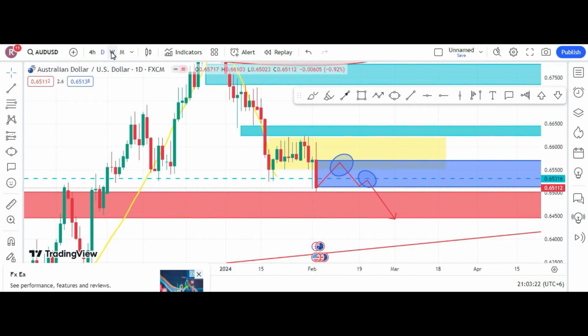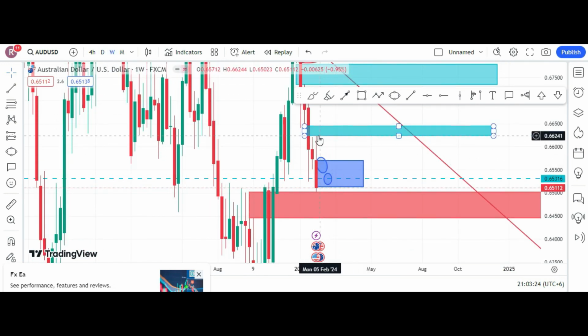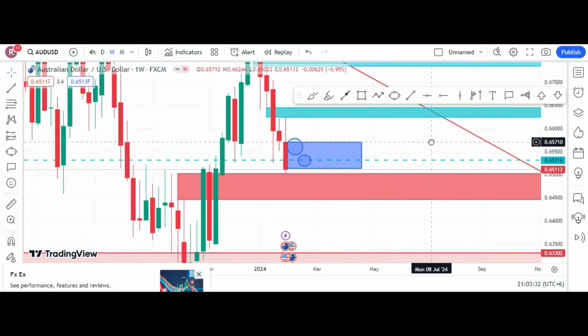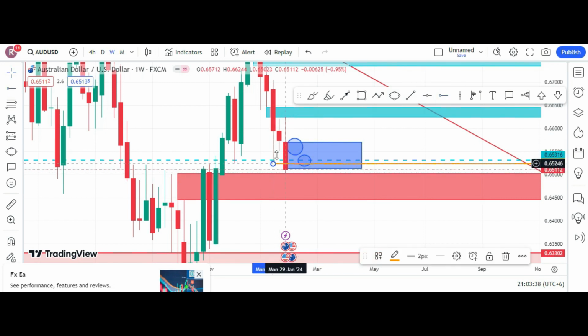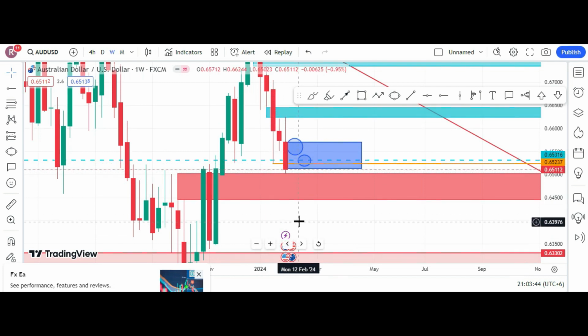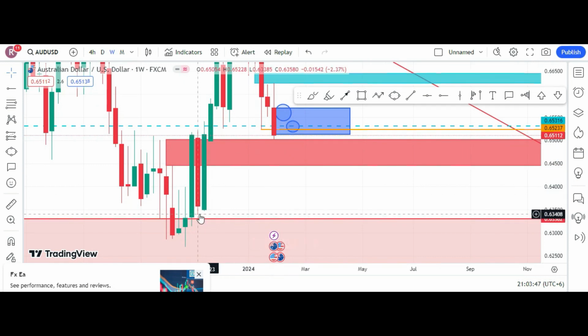So in weekly, we have a very big rejection, so the upside traction is less. In terms of market structure, the structure has been broken here already in weekly. You see it has taken out the lowest point of the last here. Next, if it comes down here, it may take out this one or this one, I don't know.